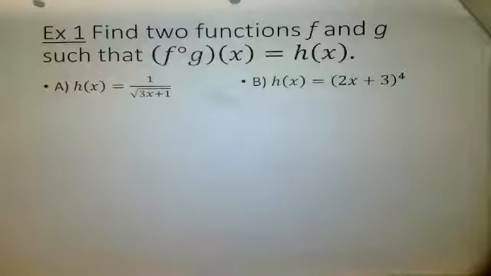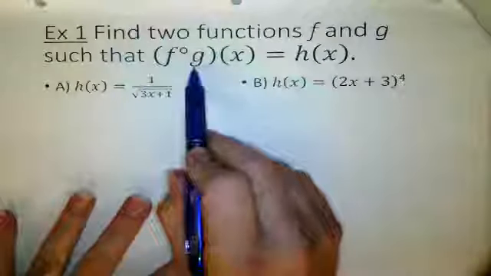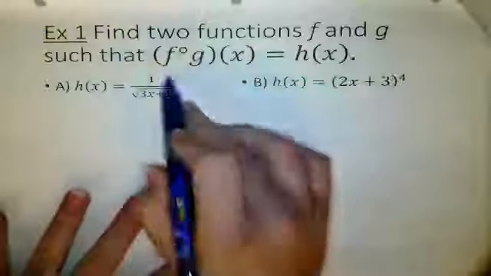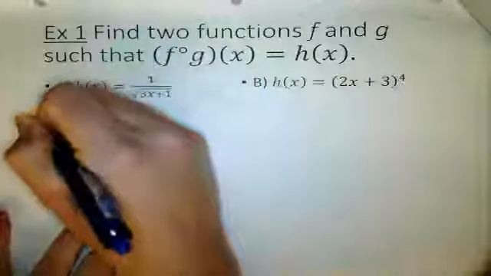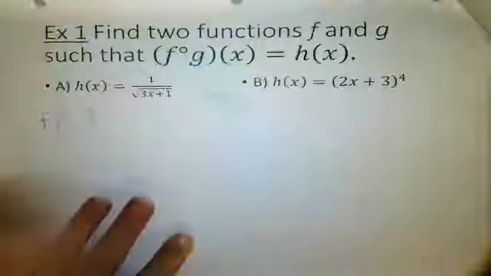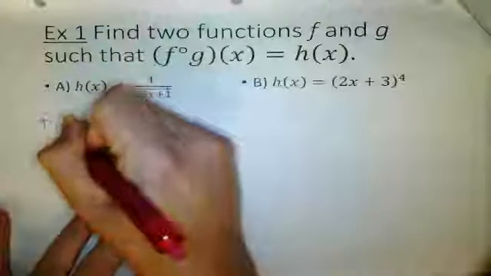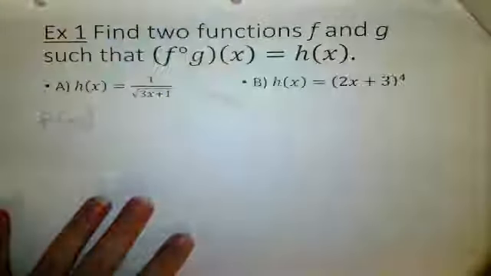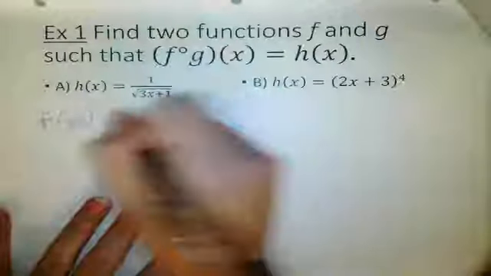Okay, so first of all, they're telling us that f of g of x equals h of x. What does f of g really mean? f of g of x. The inside is g of x, and that equals h of x.